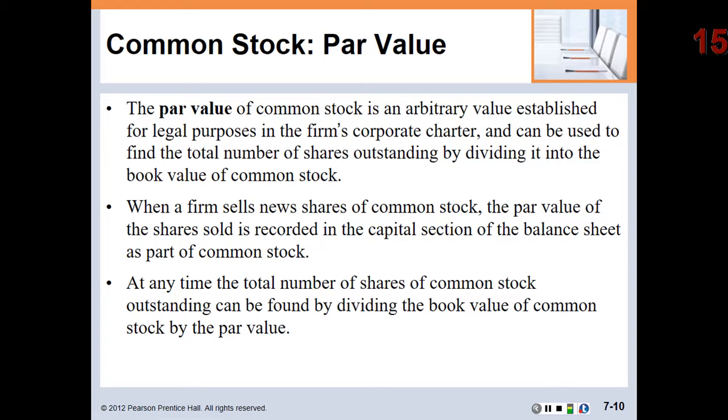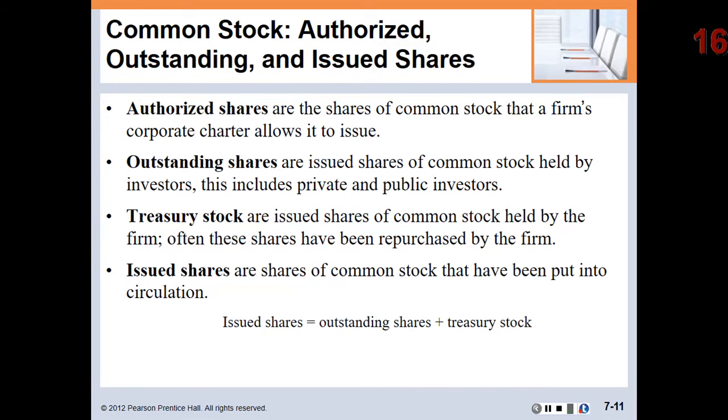Now, when it comes to bonds, the par value does mean something. We said the par value is typically $1,000, and that is important to us when it comes to valuation. But when it comes to common stock, par value means nothing to us.